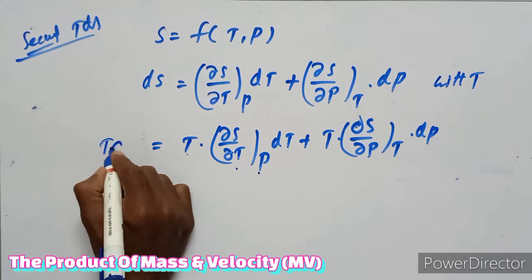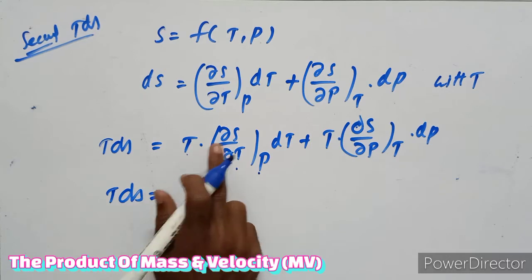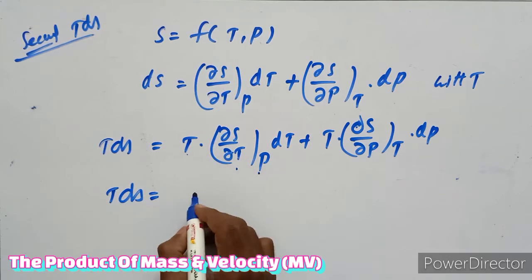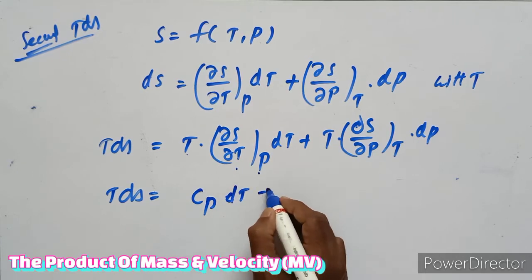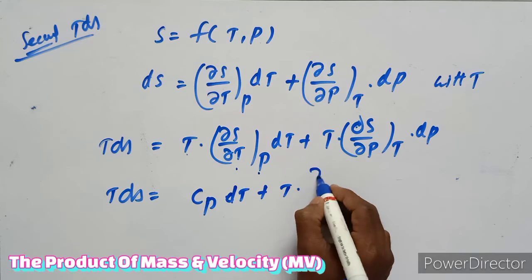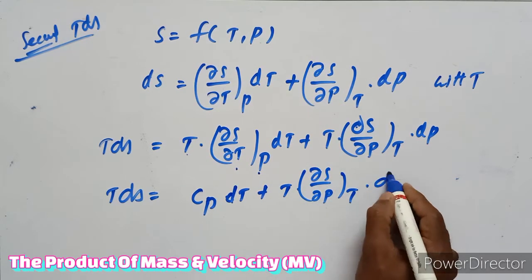So Tds equals Cp into dt plus T into dou s upon dou p at t into dp.